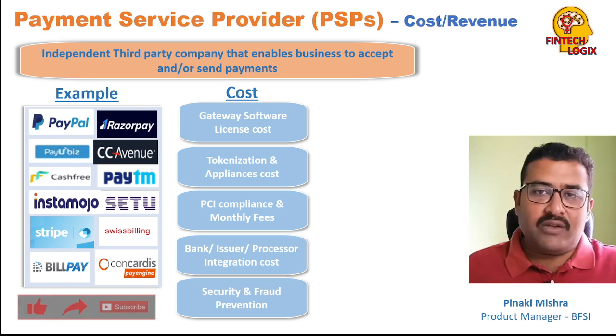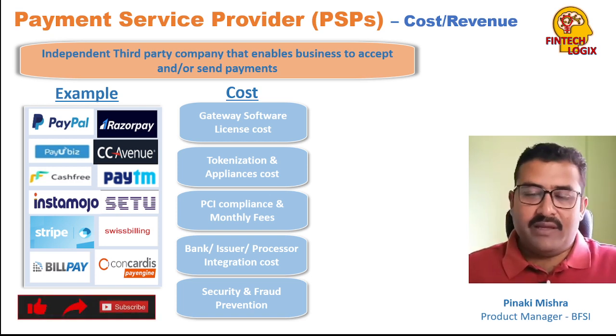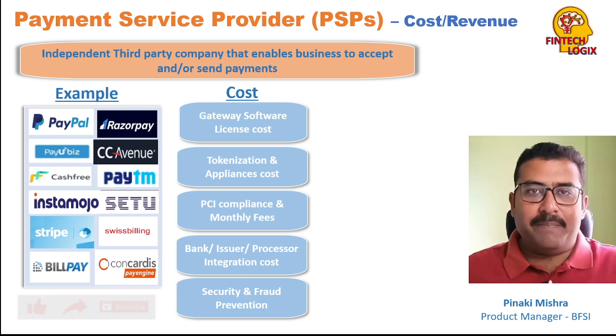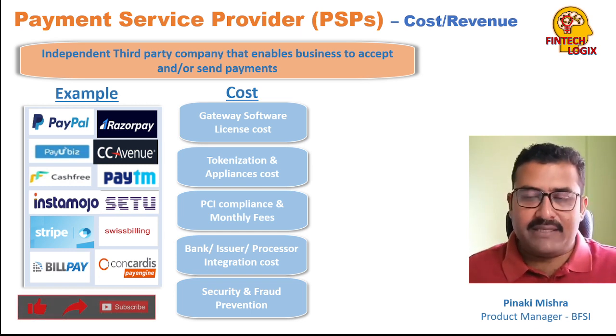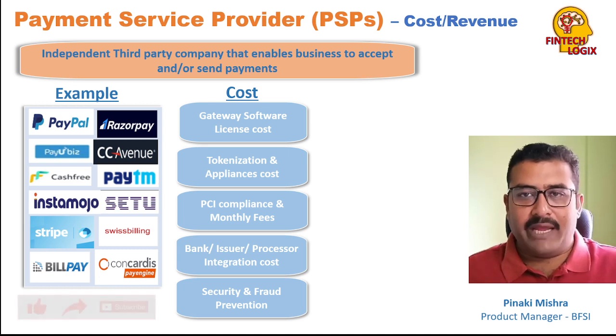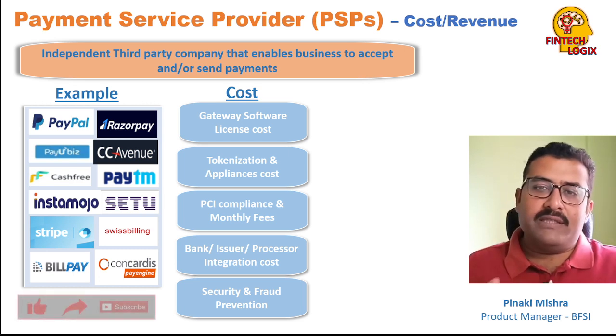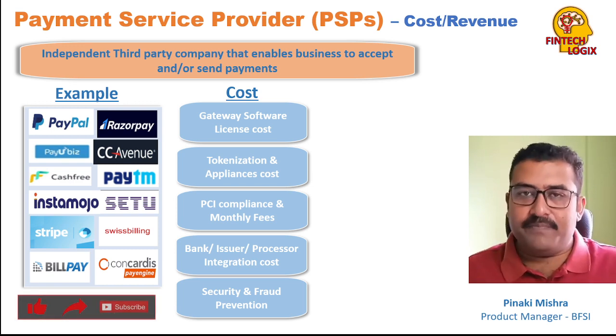This cost is borne by the PSPs. The third thing is PCI compliance monthly fees. To have your PCI compliance, you have to renew your certificates from time to time, and some amount has to be paid as certification cost.